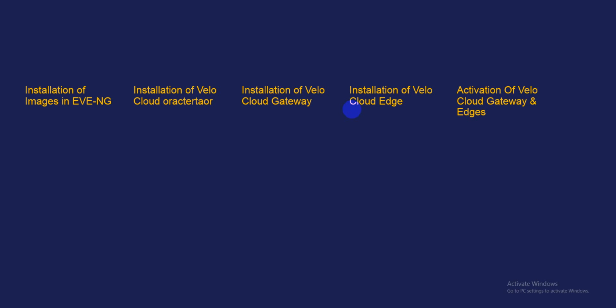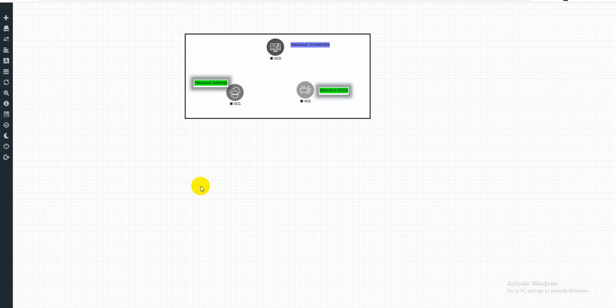Before jumping on to the installation of images in EVE-NG, I'll explain the components of VMware VeloCloud. There are 3 components in VMware VeloCloud SD-WAN: VeloCloud Orchestrator, VeloCloud Gateway, and VeloCloud Edges. VeloCloud Orchestrator is a centralized management tool from where you manage all your VeloCloud Edges and your environment.